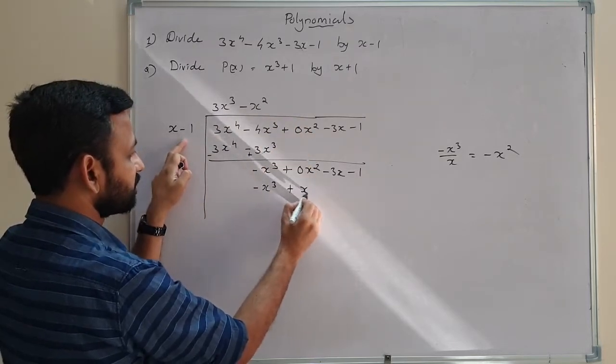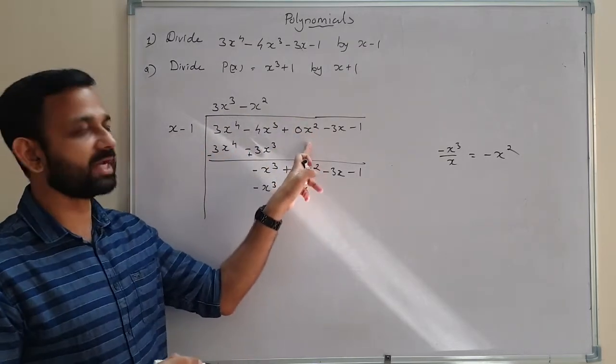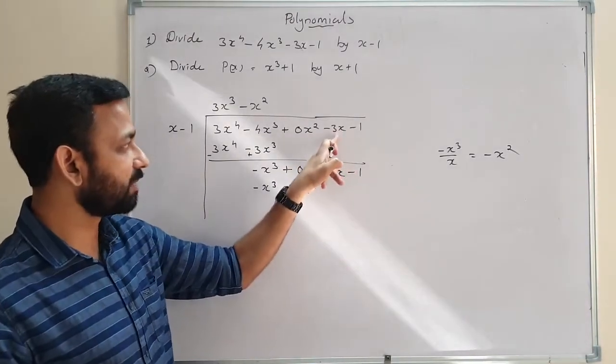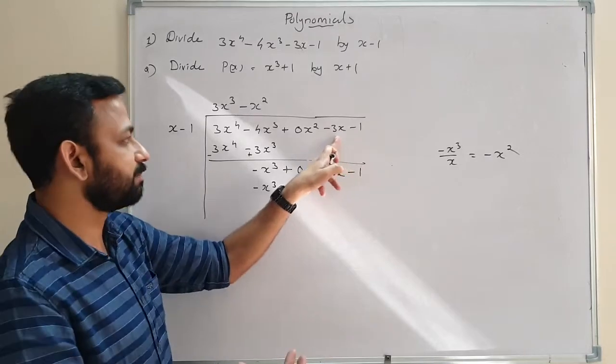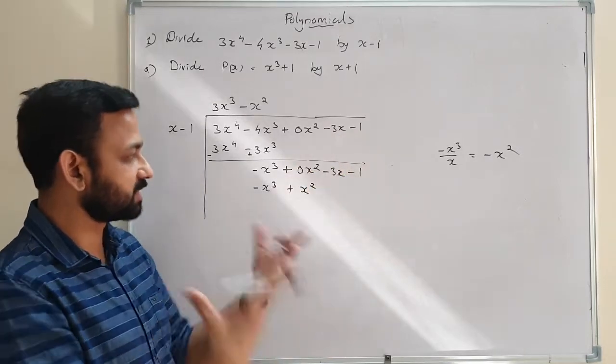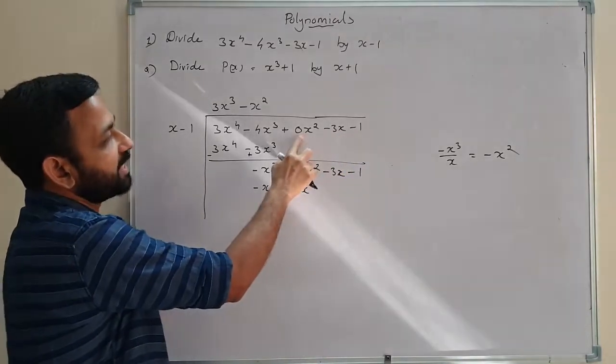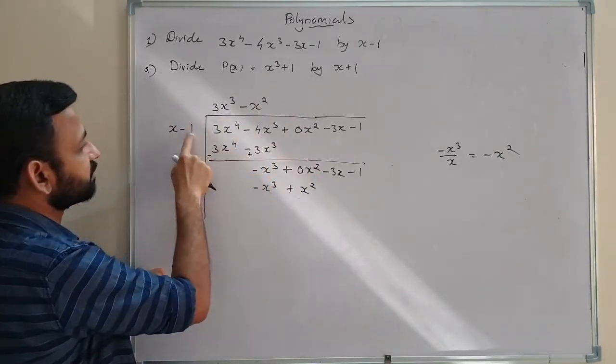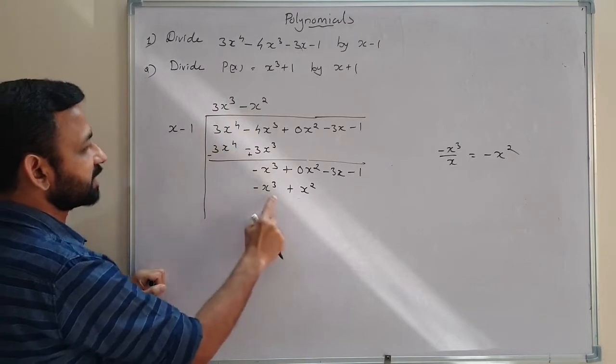If you don't write 0x square, then you have to write it separately. You cannot write it below minus 3x. Some children write it below minus 3x, then they make a mistake. That's why we are adding 0x square.